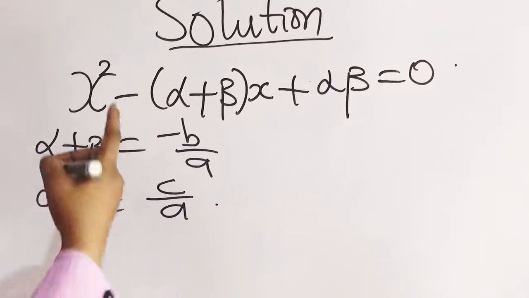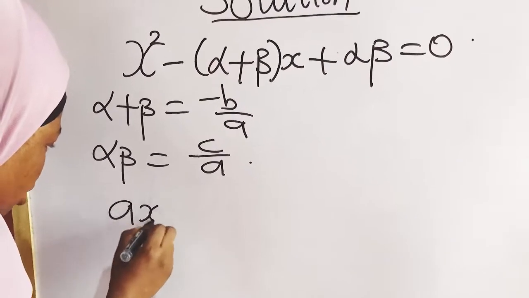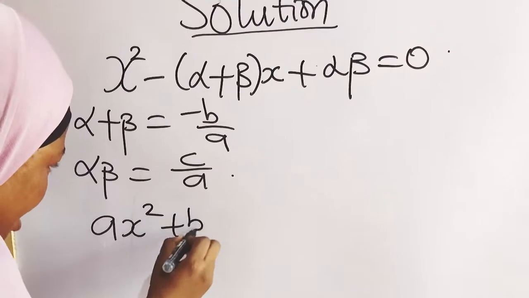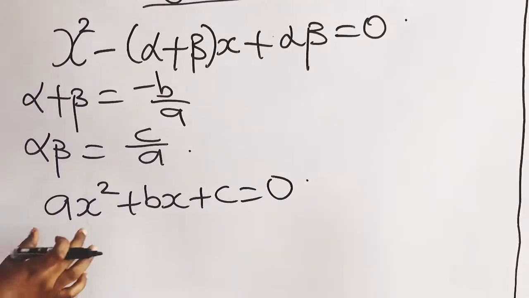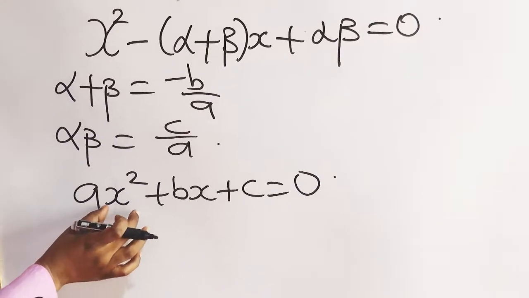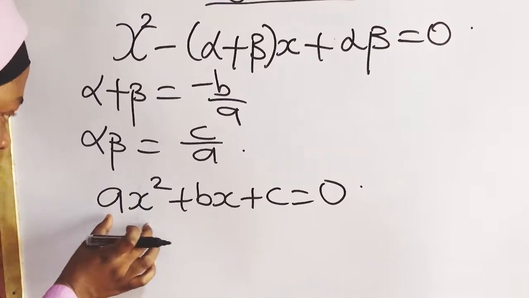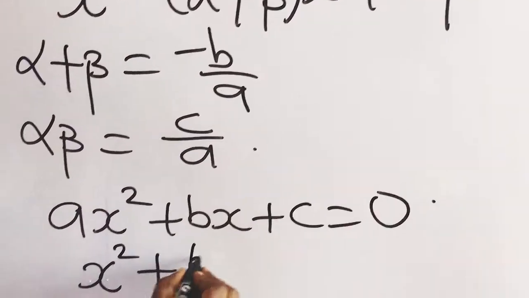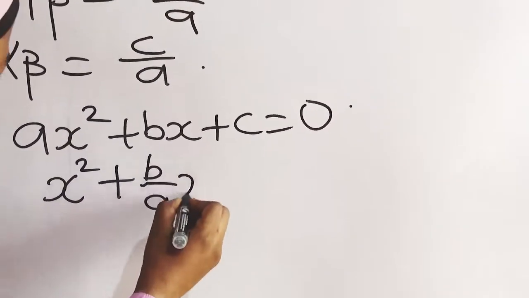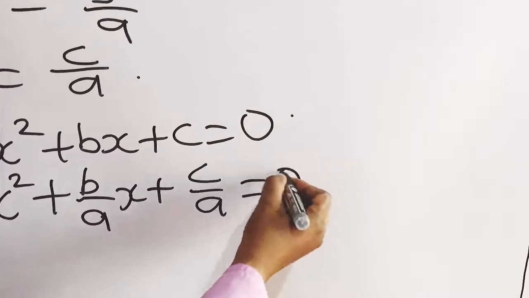That also was derived from here, when we have ax squared plus bx plus c is equal to 0. We want the coefficient of x squared to be equal to 1, so we need to divide through by a. So x squared plus b over a x plus c over a, everything is equal to 0.